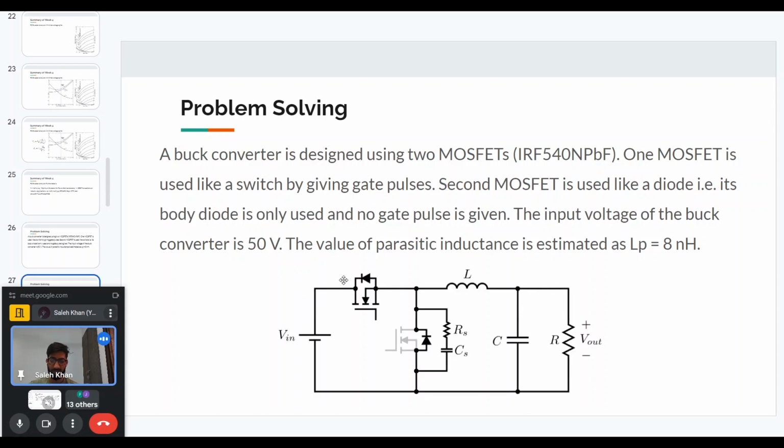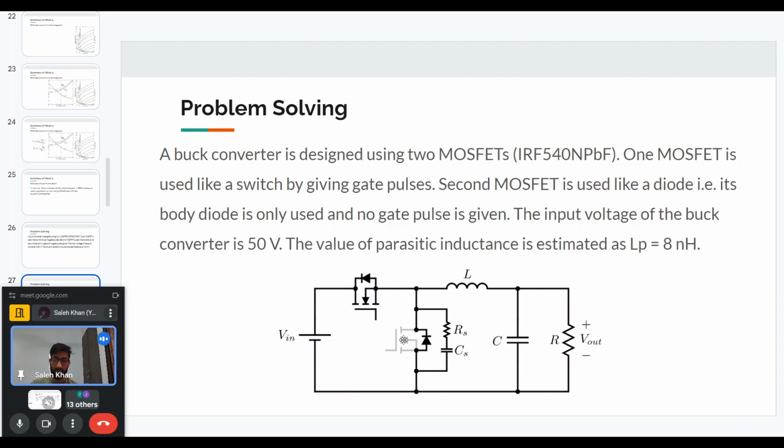So this is how the circuit looks like. We have these two MOSFETs, but the second one, we are only using the diode portion, the body diode portion. We are not using the device, the channel. So we'll not give any pulses to this MOSFET.